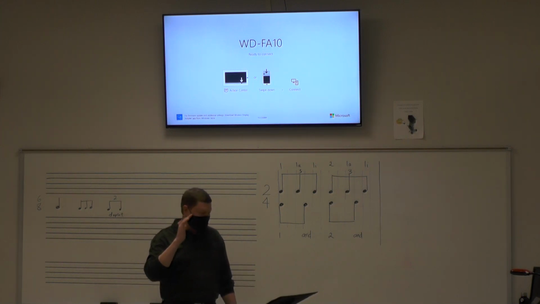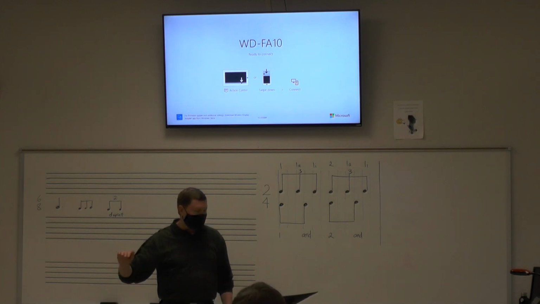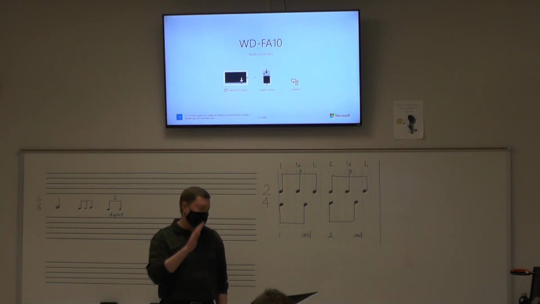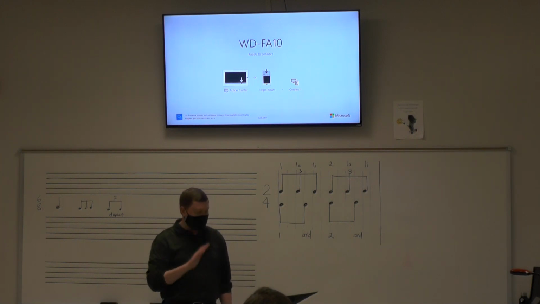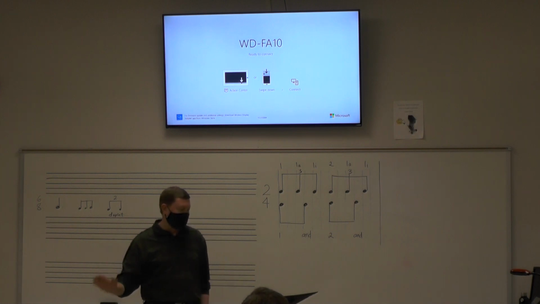I'll give you a measure first. 1 dolly, 2 ready, go. 1, 2 dolly, 1 dolly, 2 and 1 dolly, 2 and 1 dolly, 2 and 1, 2 dolly, 1.